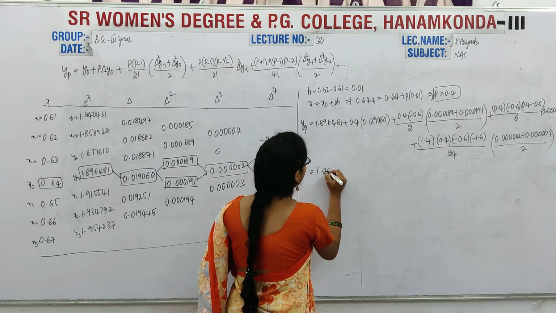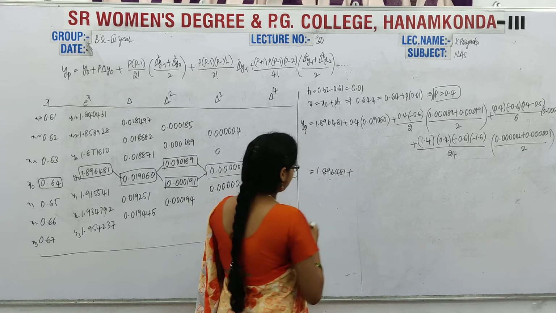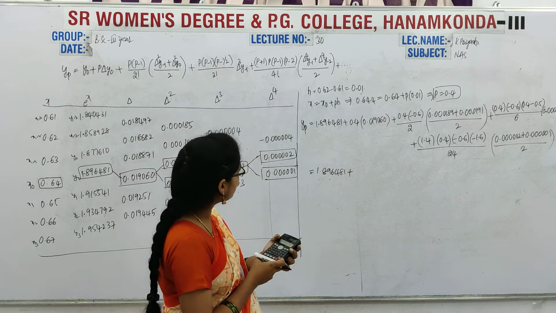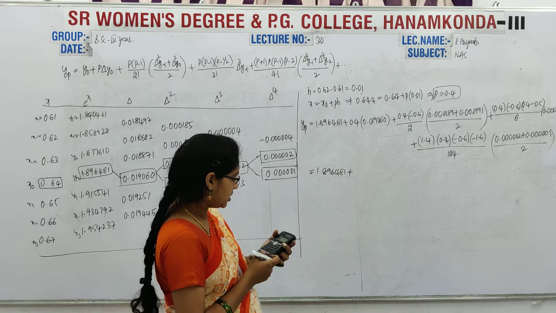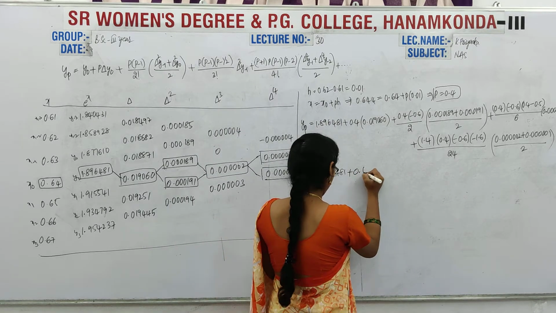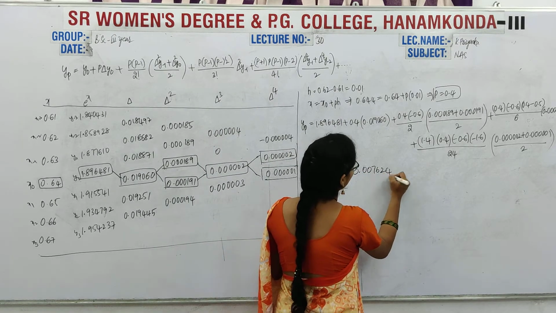Now we have to take the calculation. 1.8964, calculate it quickly. 0.4 into 0.019060 gives 0.007624.